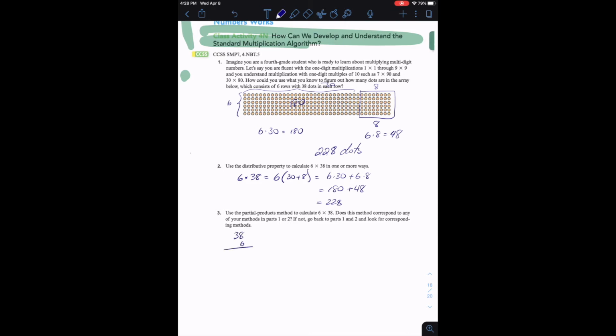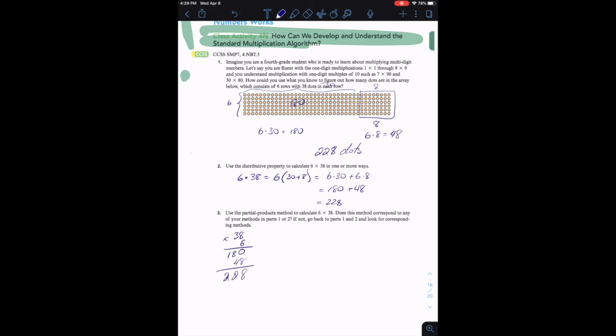Now, if we do the partial product method, 38 times 6, with partial products, if you're familiar with them, we did it earlier in this chapter as well, we would say, what's 30 times 6? Well, 30 times 6 is 180, and 8 times 6 is 48. We write down all of those numbers, and we would then have 228.